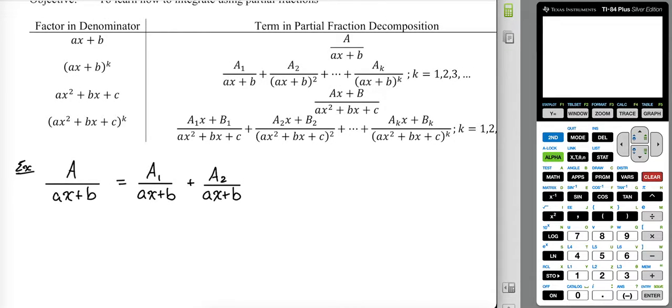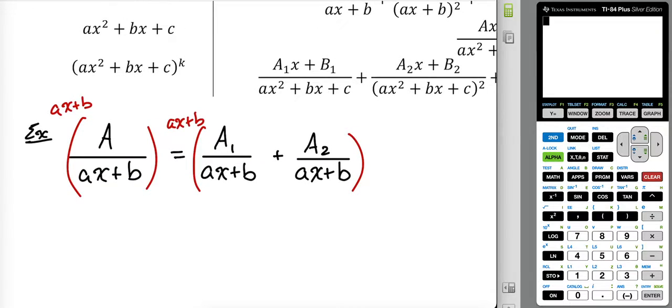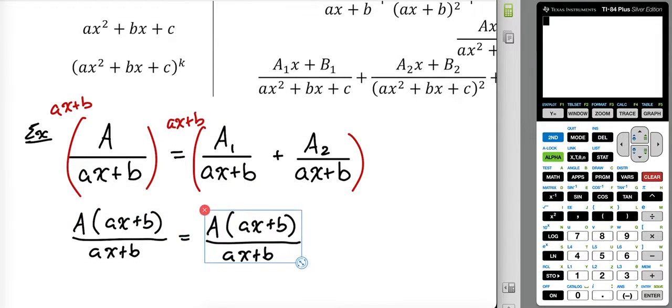And the way to handle that, in most cases, is going to be to clear out your denominators. So multiply everything by whatever your denominators are, ax plus b. In which case you'd have a times ax plus b over ax plus b equals, I'm just going to do a copy paste here and throw some subscripts in.